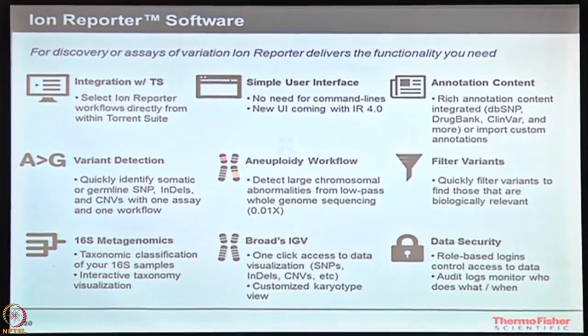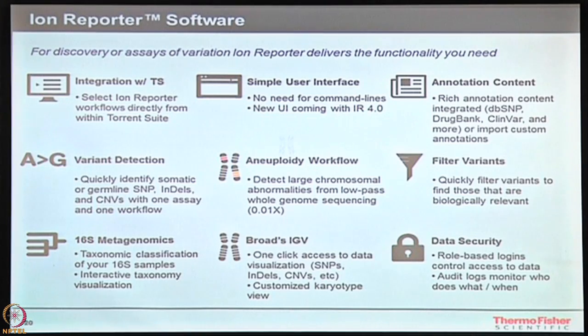This is something way different from what you do at the genomic level. This is something to do with microbial content or microbial identification. So if you have bacterial samples, or certain samples that are coming for 16S sequencing, we have a kit which helps you to do that 16S sequencing on the Ion Torrent system, and then you can do a straightforward analysis in Ion Reporter over here. So it differentiates your microbial content.